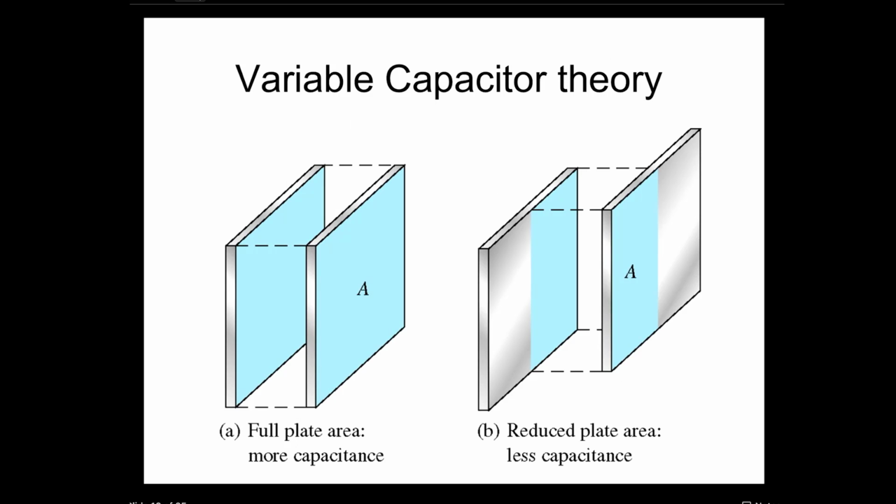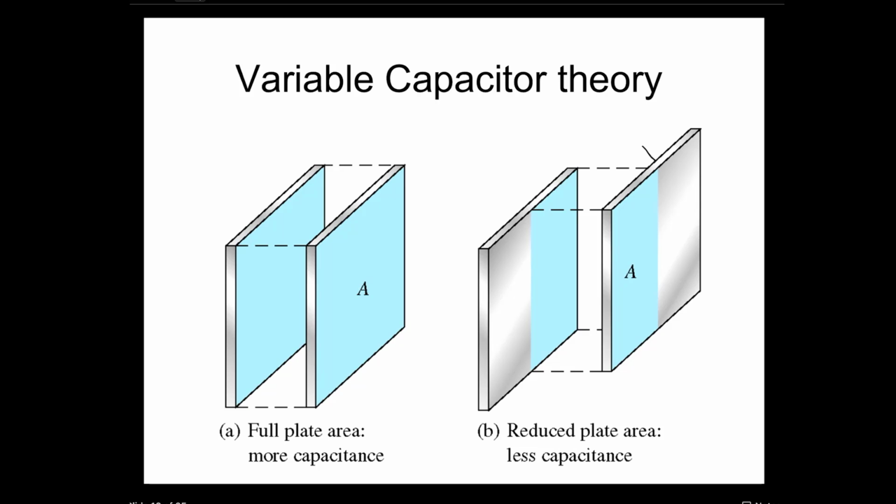So what does that mean? What is the most practical way of providing a variable capacitor? Well, that's by shifting the plates. So mechanically shifting the plates is going to essentially affect the plate area.